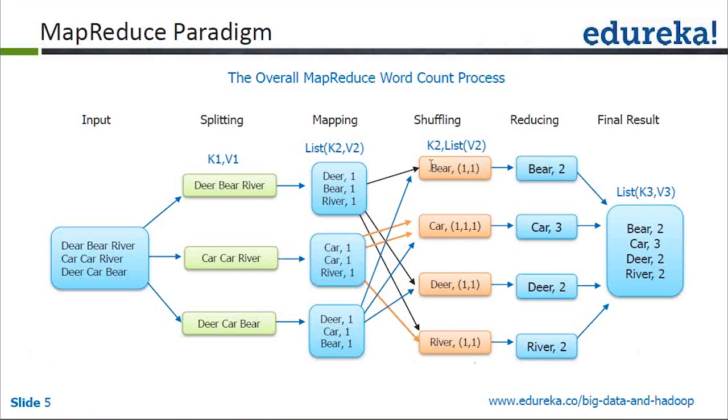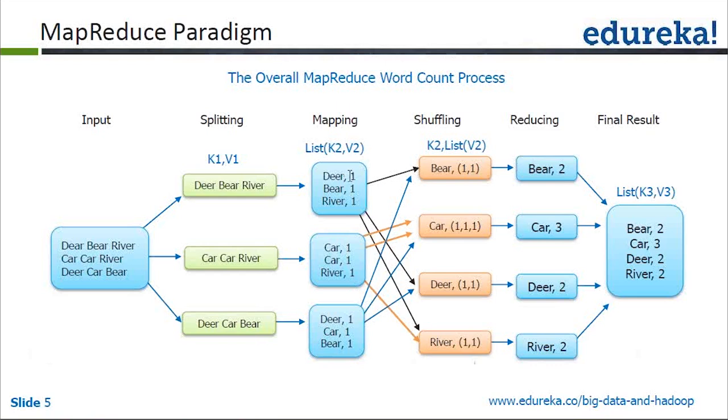And then there is something within the framework called shuffle and sort. That happens internally, so we don't have to code for it. All we need to take care of is the map and the reduce functionality. Shuffle and sort does the sorting and gets it in the order for the reducer. And then at the reducer end, we have aggregation, as I said.